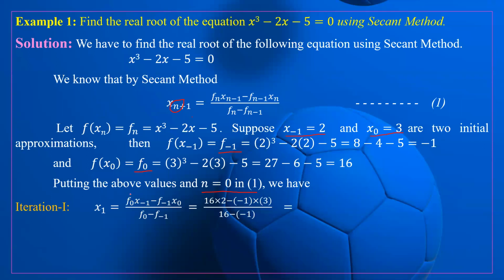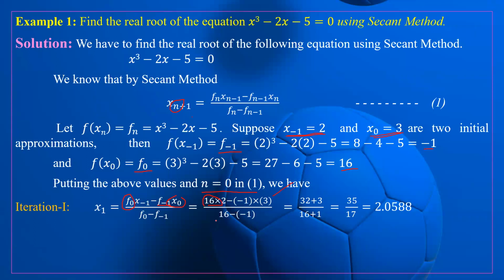Now what is the value of f0? The value of f0 is equal to 16. The value of x minus 1 is 2. Then the value of f of minus 1 is minus 1. And x0 is equal to 3. So we have substituted all these values.